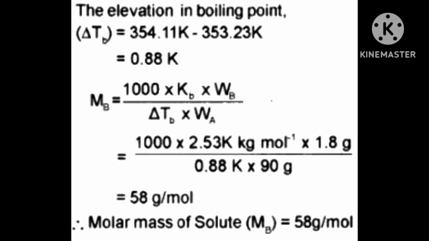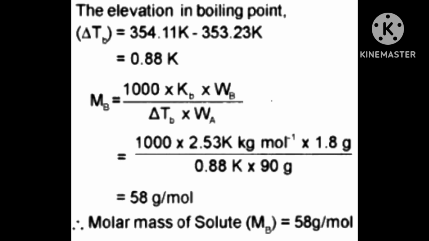You know that at the boiling point, when the vapor pressure becomes equal to atmospheric pressure, only at that time will the liquid boil. In the graph, the boiling point of the solvent is less and of the solution is more, but both touch the same one atmospheric pressure.